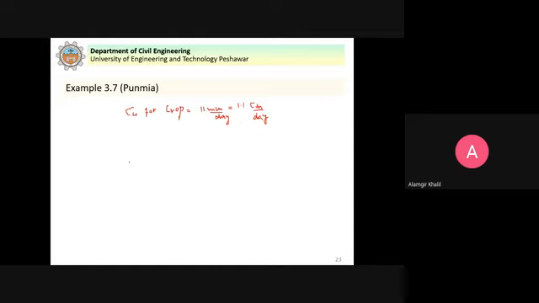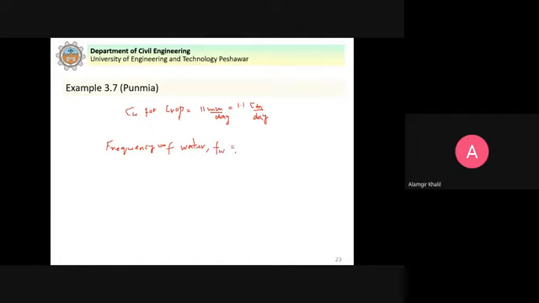Clear? Now frequency of water. Now we can calculate the frequency of water, that is FW.